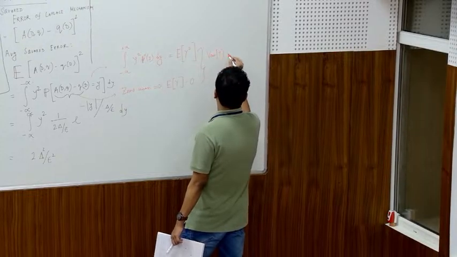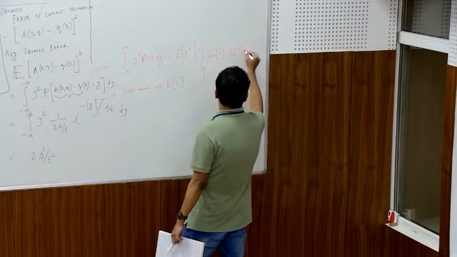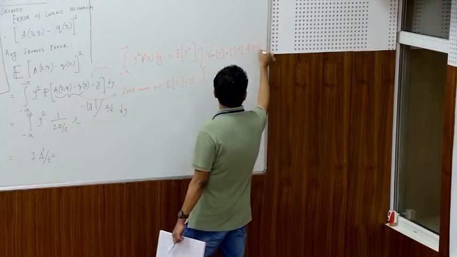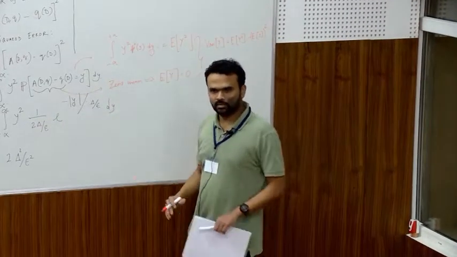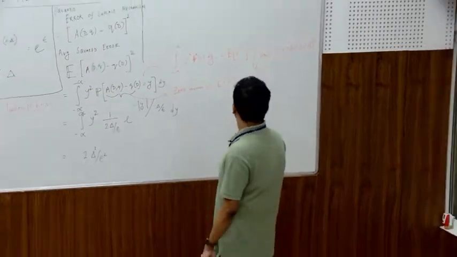If you combine this together, the variance of y is given by the expected value of y square minus the expected value of y, whole square. This is the variance of y, right? You know about variance. Now this is 0.